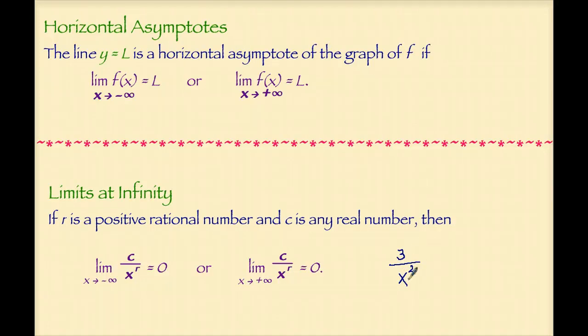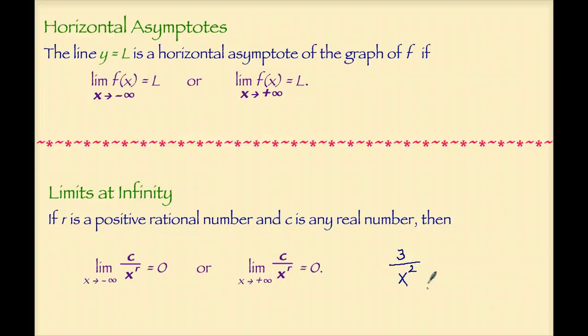And so you can see that as x is approaching infinity, this is going to be 3 over a huge number, which makes it a very, very tiny number. It's approaching 0 the larger x becomes, whether it's positive or negative, because you're raising it to a power and it gets to be a very, very large number.